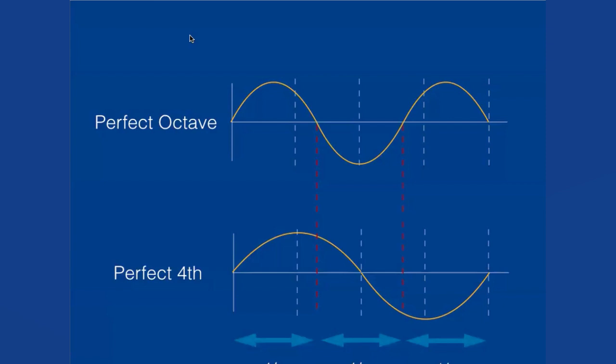The perfect fourth will only cross the line 2 times, but this is how those waves intertwine. Broken up into thirds there. That's pretty much all I've got to say about the numbers of how music works, really.